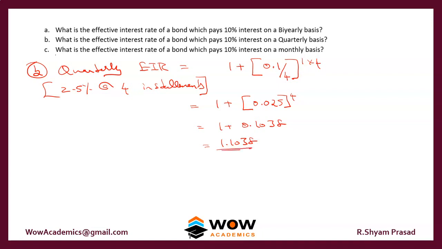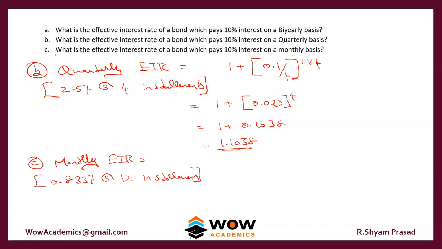We'll do the same for the last part, that is the monthly basis. So monthly EIR refers to we are going to receive just 0.833% of interest at 12 installments. That is how it works.